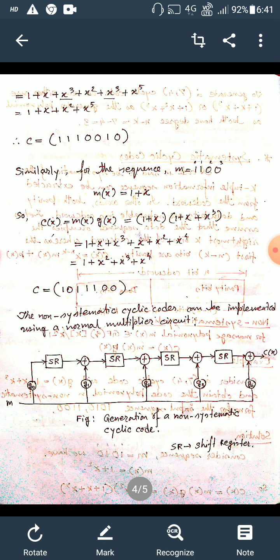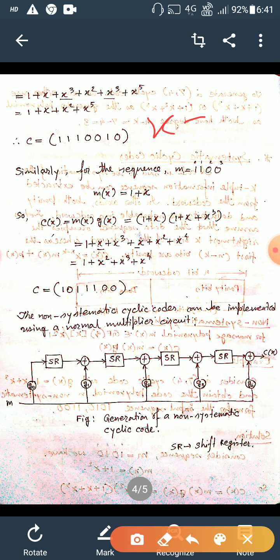Now here you just write down 1, and x is present 2 times. x plus x. So if x is present 2 times, then from the binary operation point of view, if you take x common, that time it is 1 plus 1. If it is 1 plus 1, what will be the mod 2 addition?